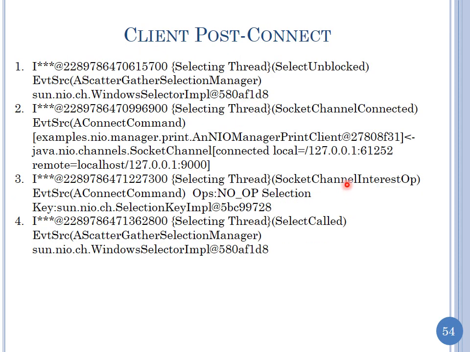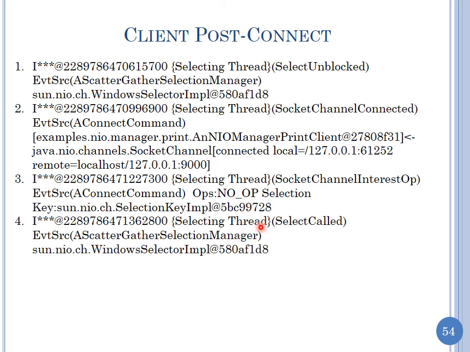When the return message arrives, the select call unblocks. The socket channel is connected. And at this point, we see that the connect status has changed. After this, I forget in which order things happen, whether the listener is called first or we change the operation of interest.